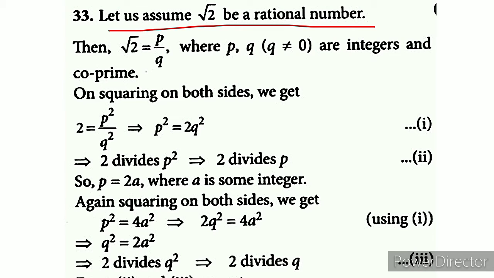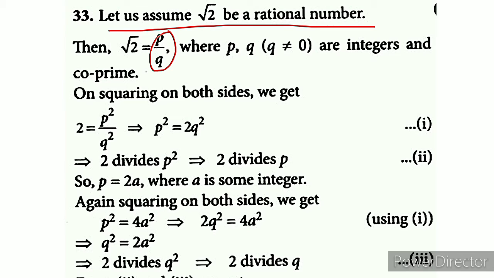So let's start the proof. At first we assume that square root 2 is a rational number. If we assume this, then we can write square root 2 in the form of p over q, where p and q both belong to the set of integers, that we read some time before in the definition of rational numbers.